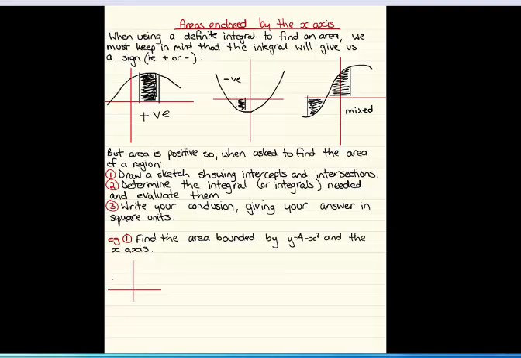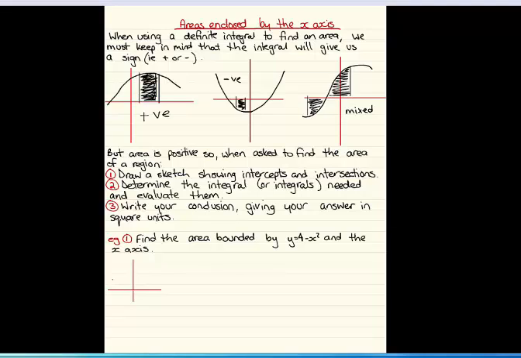And if you add a positive and negative, you're going to get a smaller answer, but that's not going to be the total area. You need to do them separately. So there's going to be two integrals for that one. So determine the integral or integrals, evaluate those, and then give your conclusion. Okay, and remembering that because it's area, it's square units, and that's how you need to give your answer.